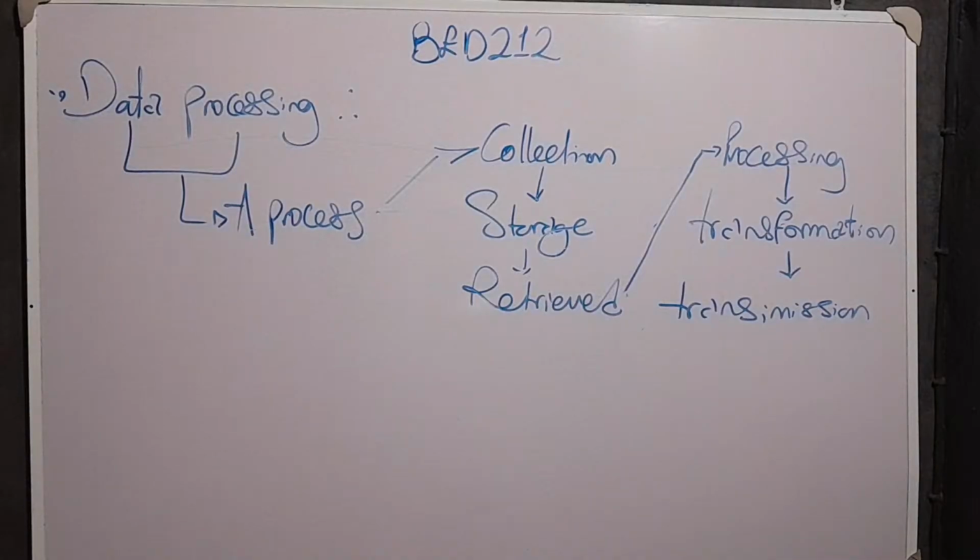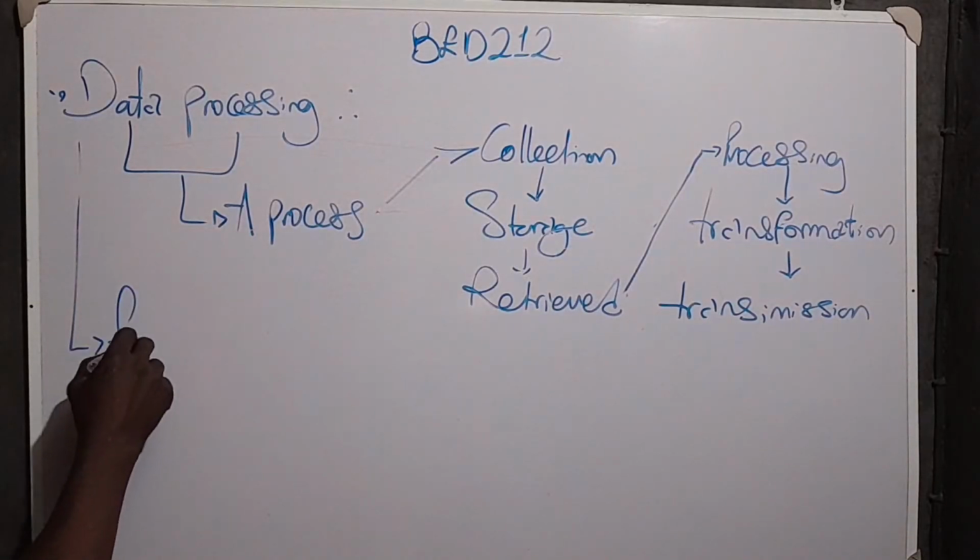So this is basically it. It's a process with a lot of things involved, as you can see. The data is collected, stored, retrieved, processed, transformed, and then transmitted. And this is what we refer to as the concept of data processing. Data is a fact. Note this.